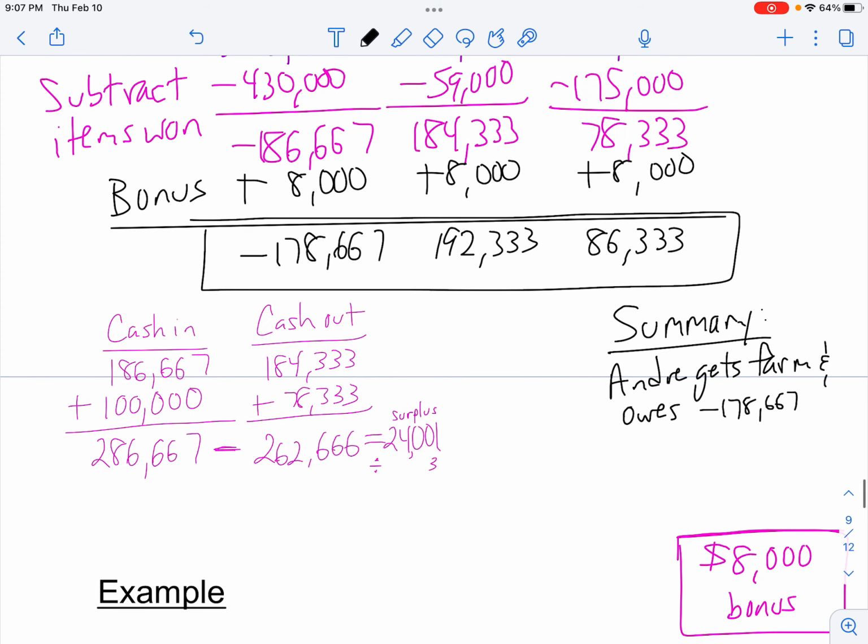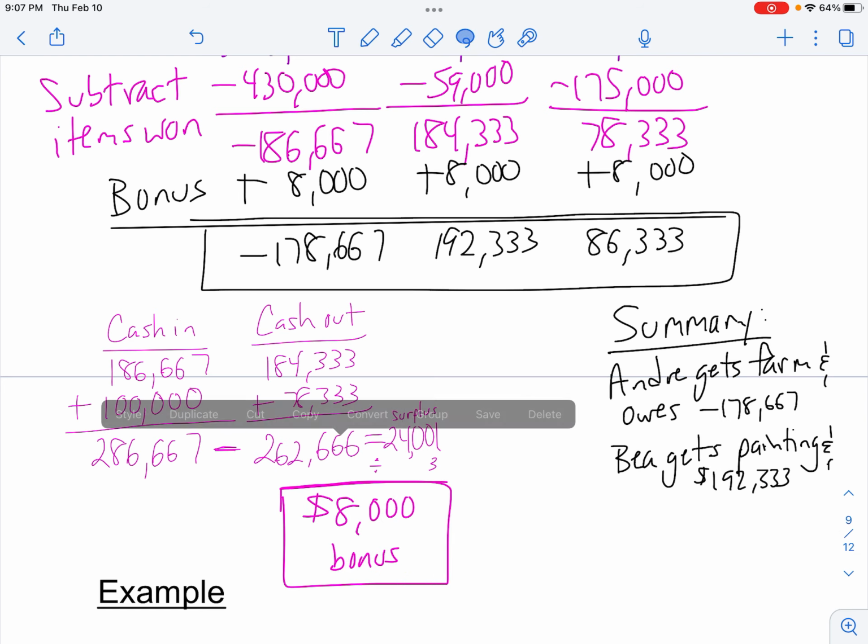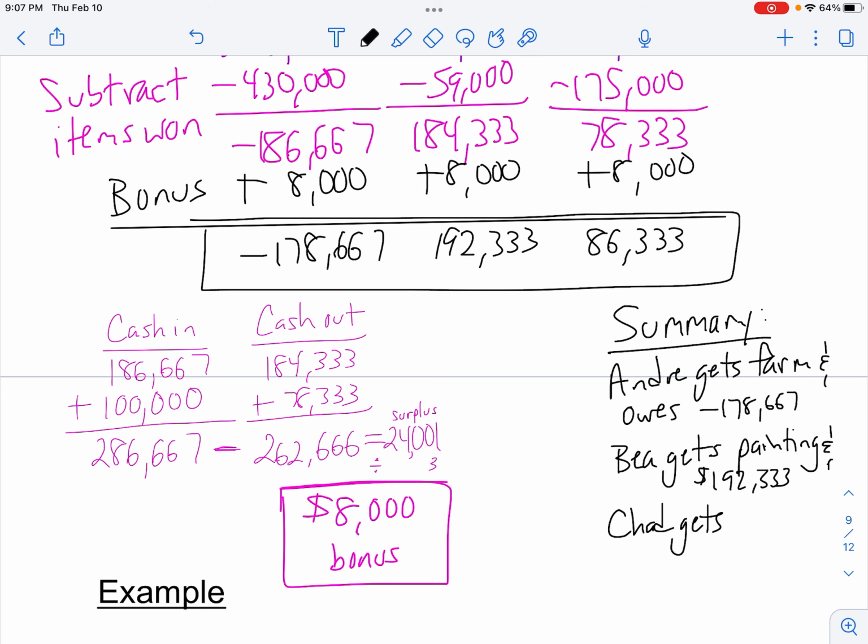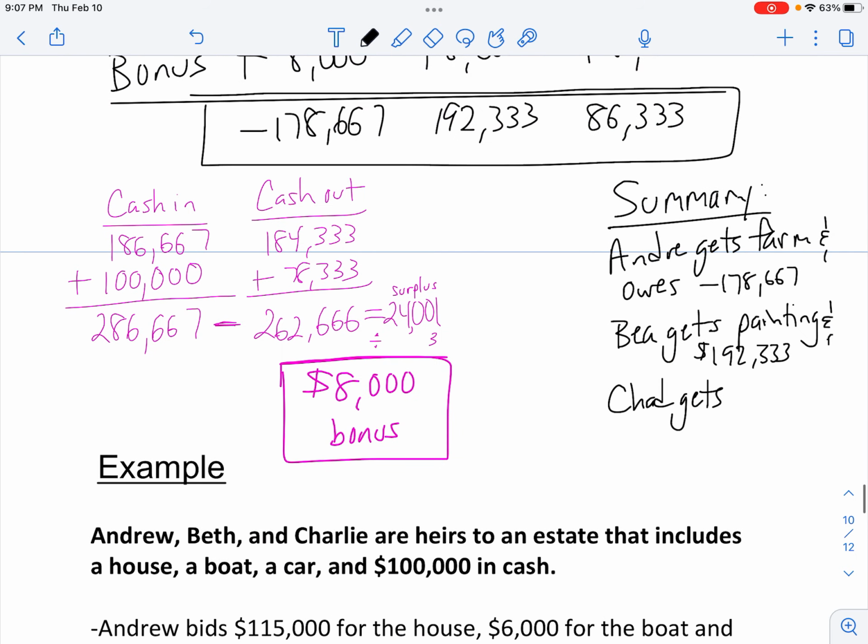B gets the painting and 192,333. All right, let's just move this out of the way here. And then Chad gets, what did Chad win? Chad won the house and 186,333. And this is your final answer.